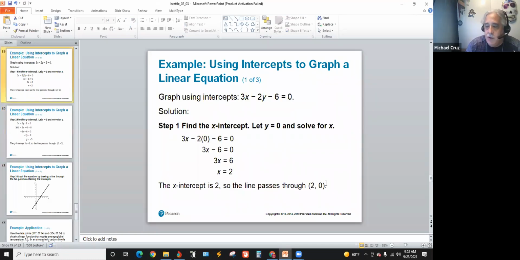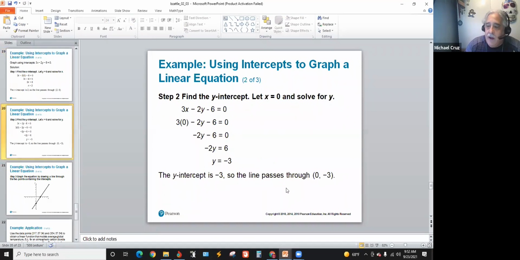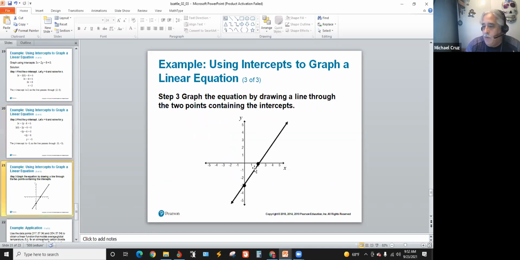So x is equal to 2, which means 2 comma 0. And when they have 0 comma negative 3, they get that y-intercept. So the y-intercept was 0 comma negative 3, the x-intercept is 2, and you can put a line through it. Now, the drawback of doing it with this method is that when you graph by points, it's really wise to throw in a random point, not one you just pull out of the air.